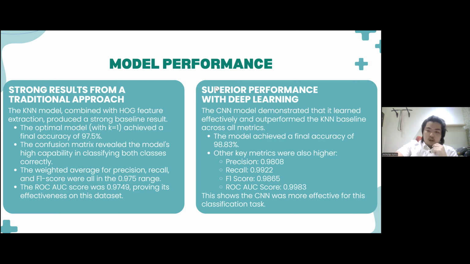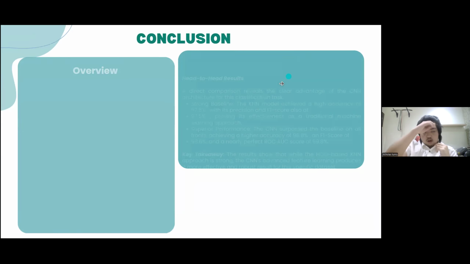It achieved a final accuracy of 98.8%, a precision of 98%, and an F1 score of 98.6%. The near perfect log loss score of 0.9983 further highlights its exceptional ability to distinguish between the two classes. Now, next, the conclusion.